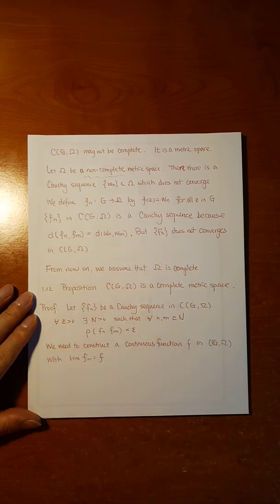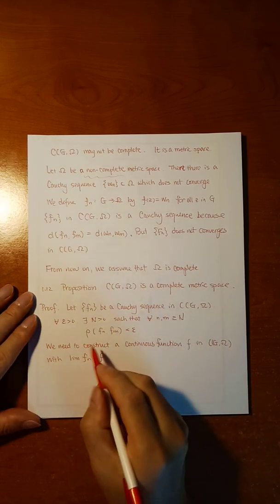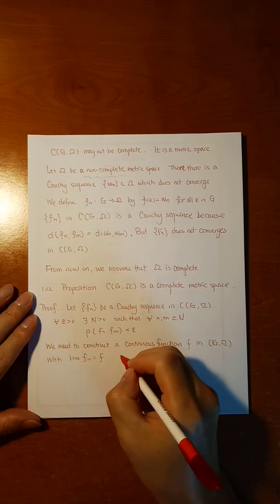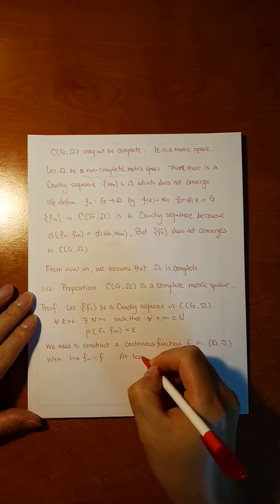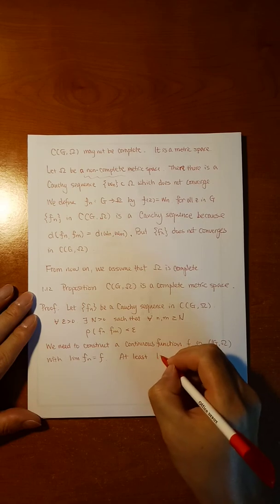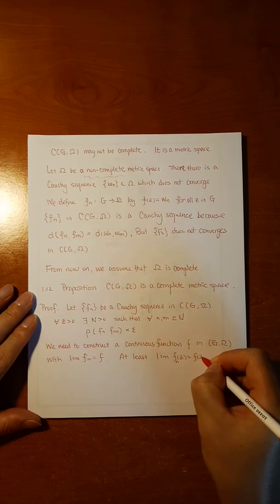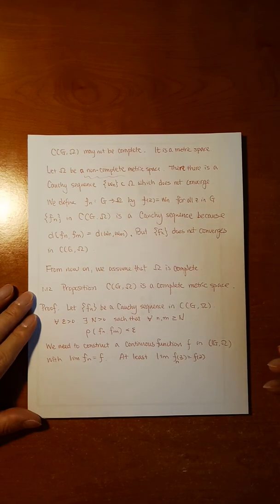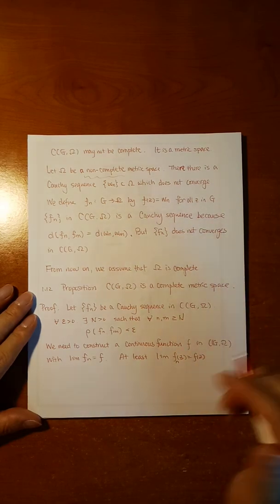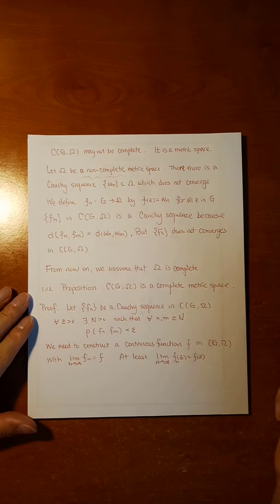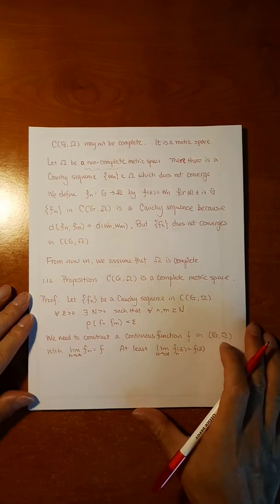This is what we need to prove. And in order to construct the limit, we need to know at least, not sufficient, but necessary, that the limit of f_n(z) is equal to f(z). It has to be pointwise convergent. This is the minimum requirement.